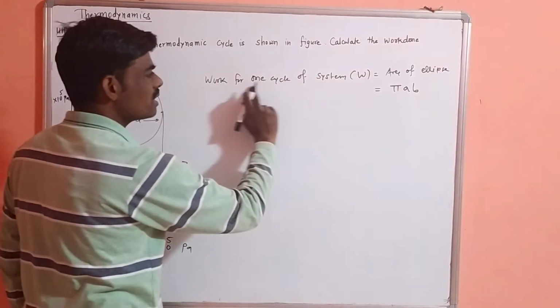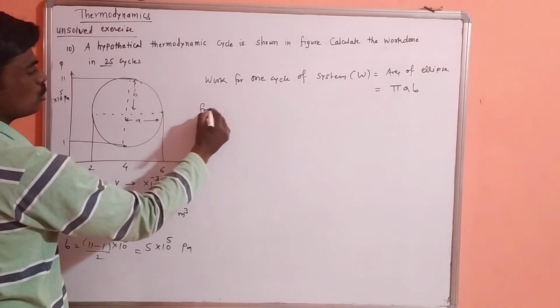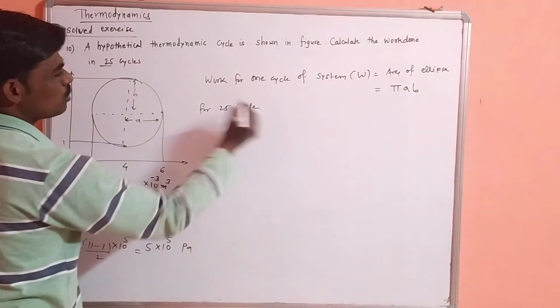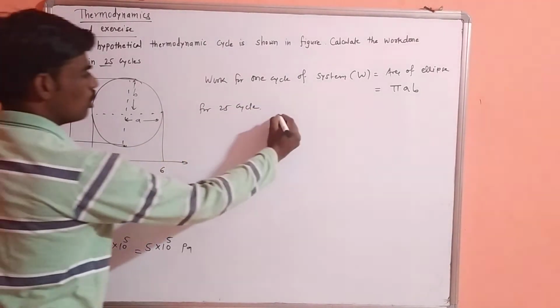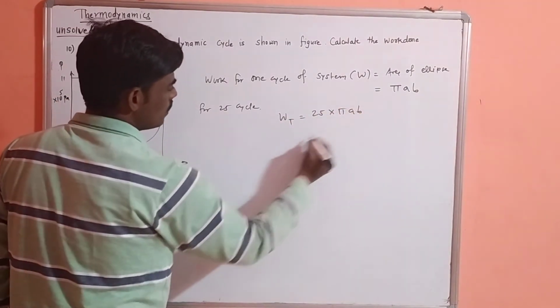This is the work done for one cycle, but in the problem we require 25 cycles. So for 25 cycles, the total work is 25 times pi AB.